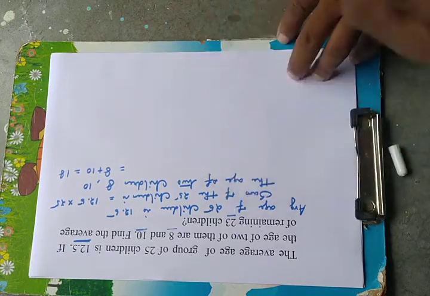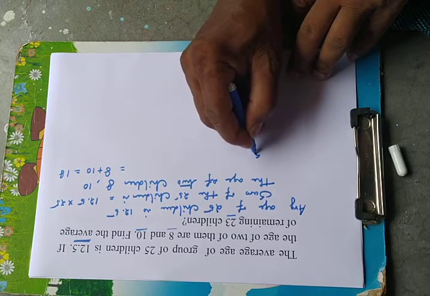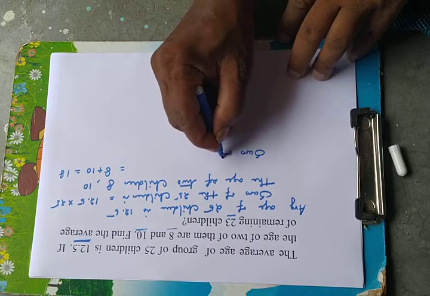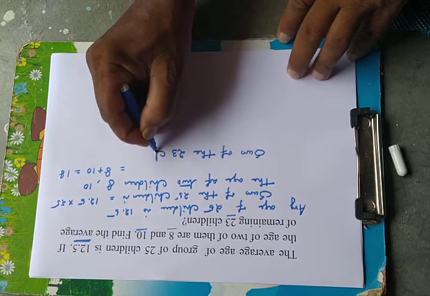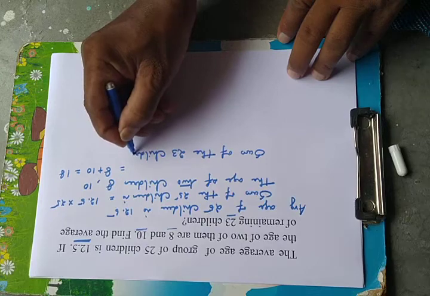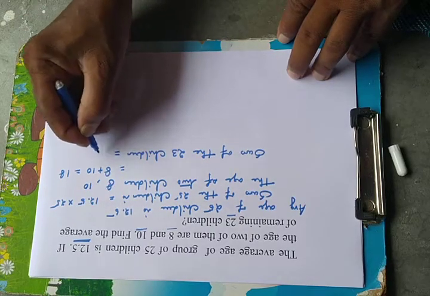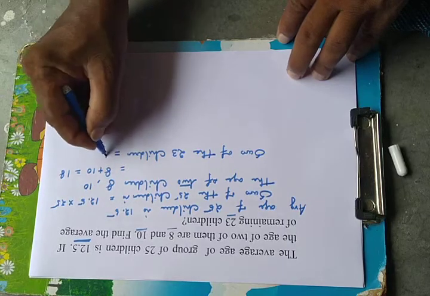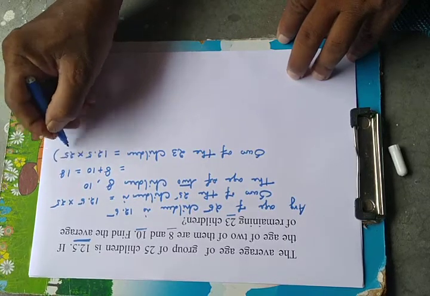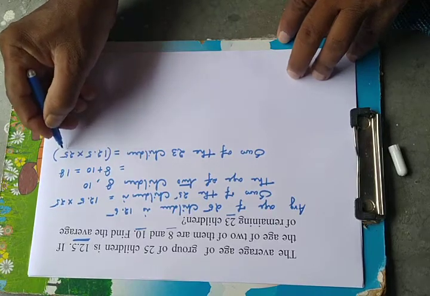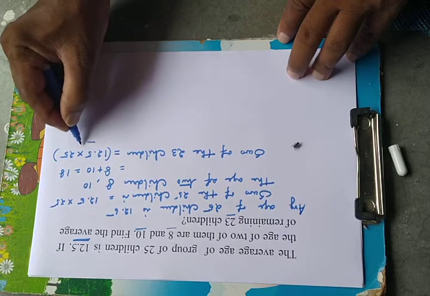Now our aim is to find the sum of the 23 children's ages. That will be 12.5 into 25, and from the 25 students we are going to subtract the ages of the two students.